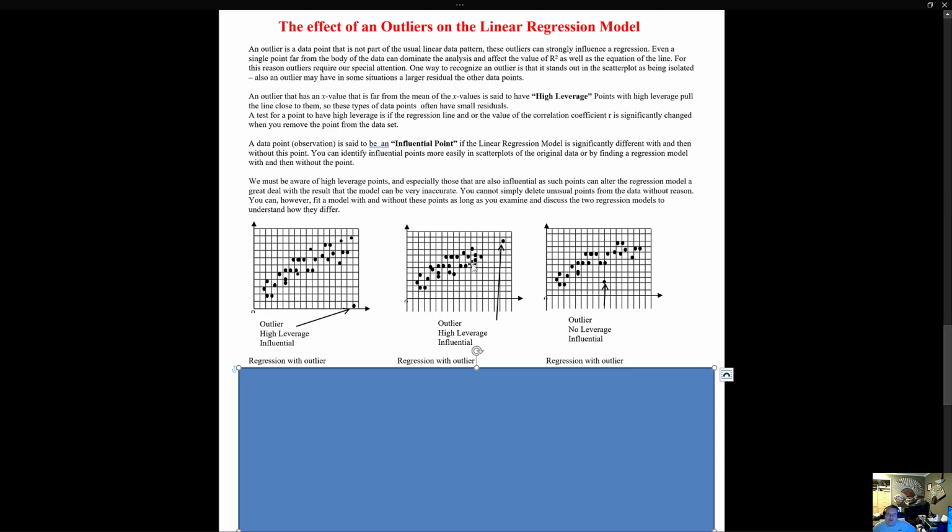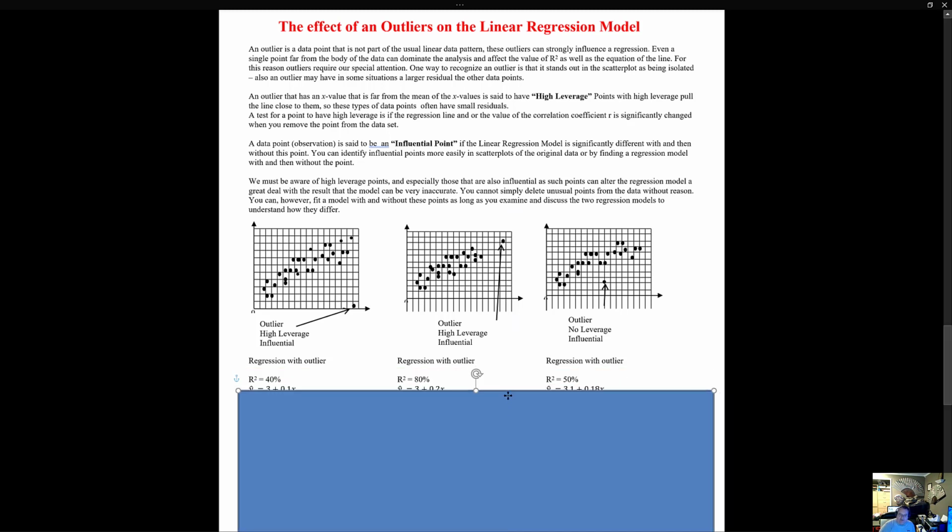This guy here does a lot of damage. It does damage by making you think that your fit is much better than it is. I'll show you what that looks like. Here we go.